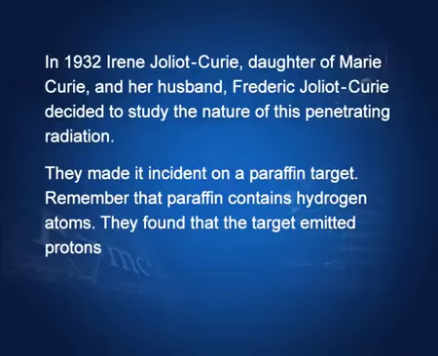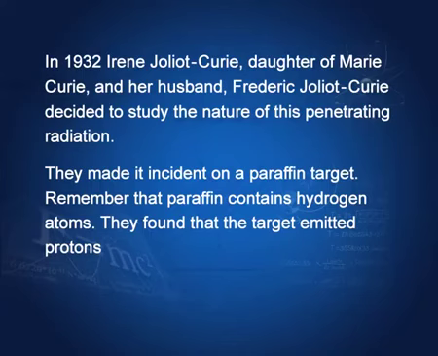In 1932, Irene Joliot-Curie, daughter of the famous Marie Curie, and her husband Frederic Joliot-Curie decided to study this phenomenon. They wanted to know the nature of this penetrating radiation which is emitted when beryllium atoms are bombarded by alpha particles.